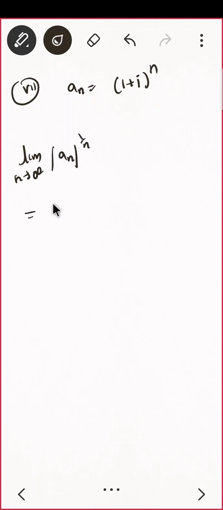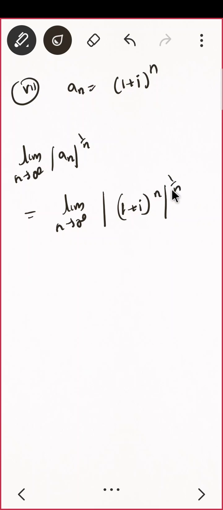Now you see, here is the main thing where people used to make a mistake. They are talking about mod a_n raised to 1 by n. So this is mod of 1 plus i raised to n, and raised to 1 by n. So this n and n will get cancelled, because you know that mod of z raised to n is the same as mod z raised to n. Correct?